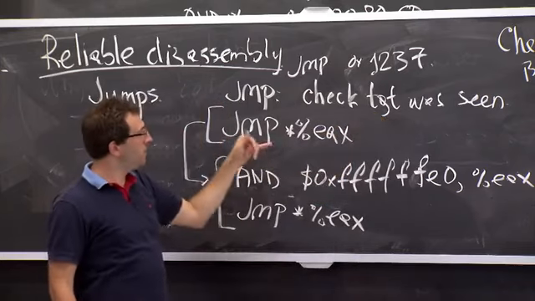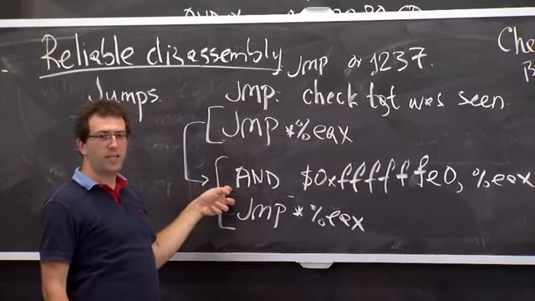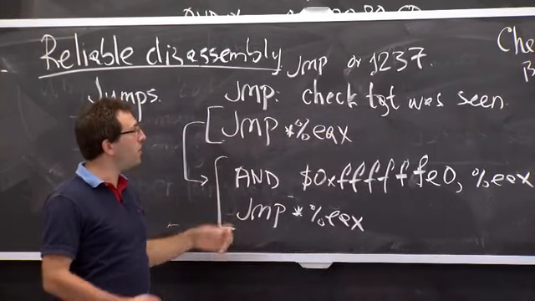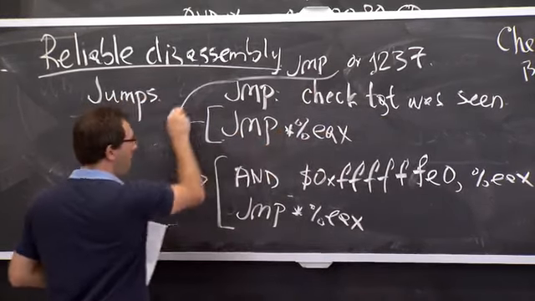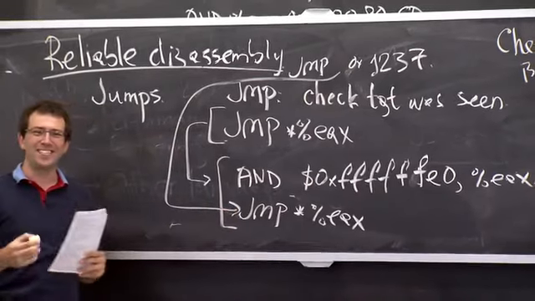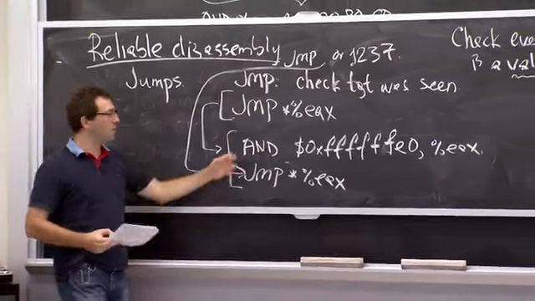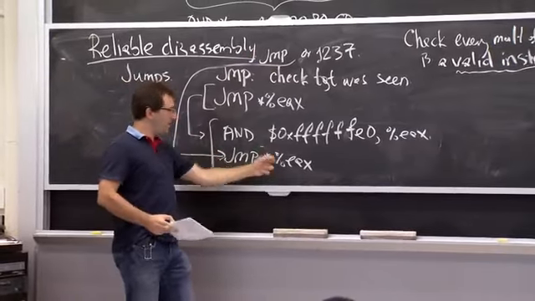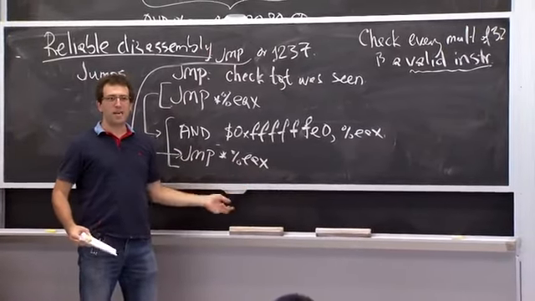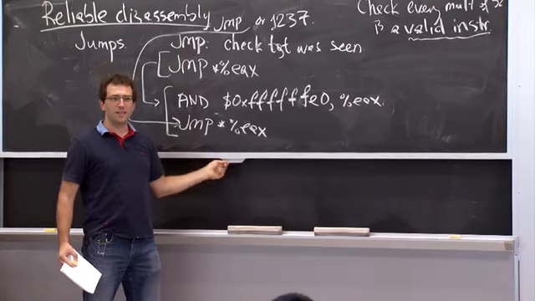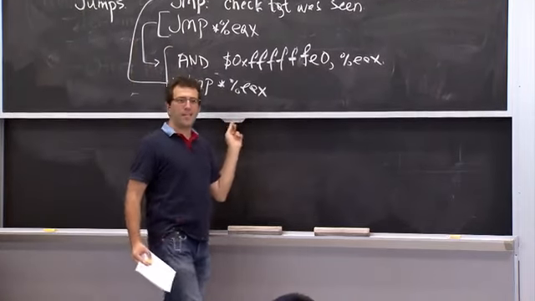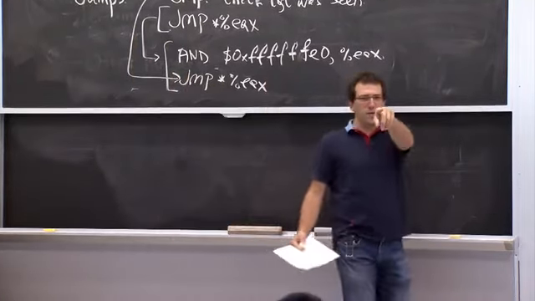So could I put in this very nicely checked indirect jump, and then later on in the code, jump to the second instruction in that sequence? So then I'll load something into EAX, jump here, and then directly jump into this unsandboxed address. That would violate the security, right? Everyone sees that? So how is this avoided?